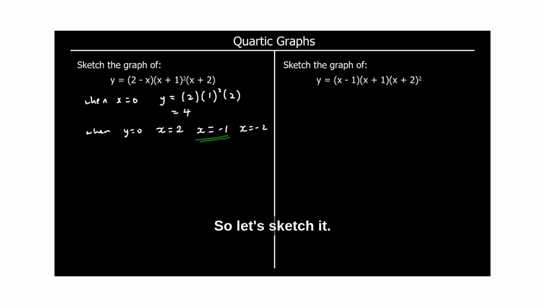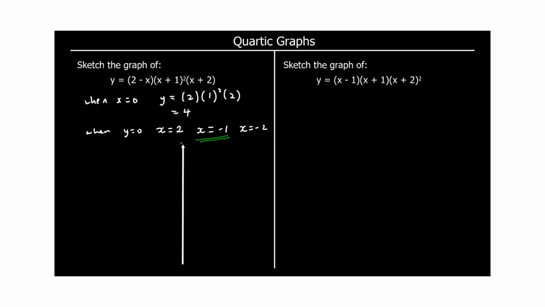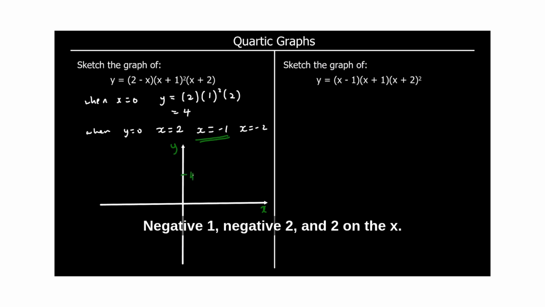So let's sketch it. We've got 4 on the y, and -1, -2, and 2 on the x.